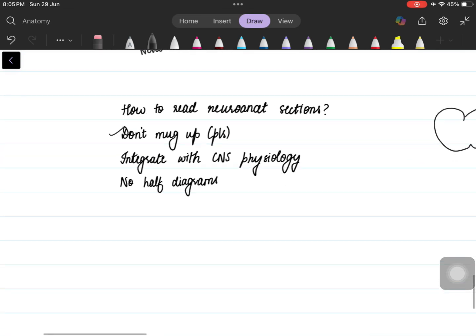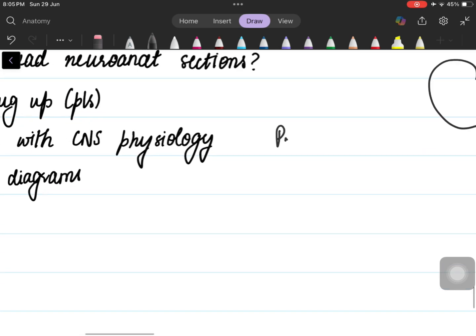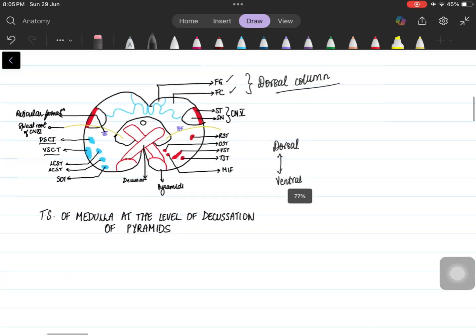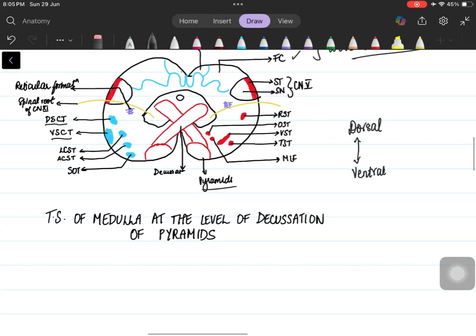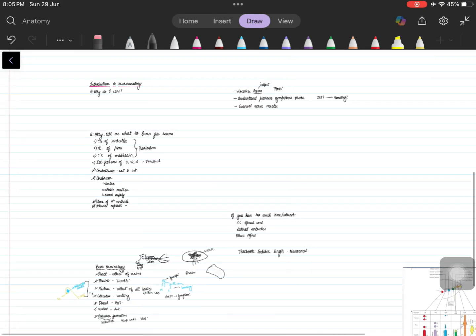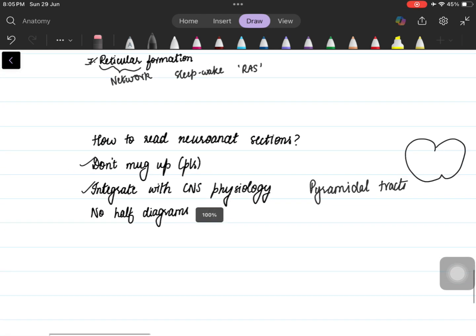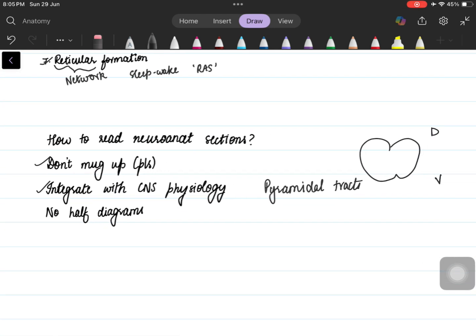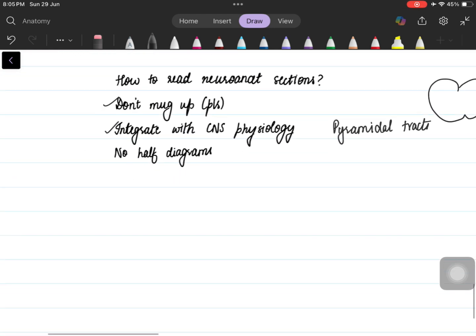Integrate with CNS physiology. So let's say you're learning the pyramidal tracts, and here in the medulla, you see pyramids. It's the same thing we're talking about. So if you try to integrate and learn, you will understand both anatomy and physiology better. And no half diagrams.